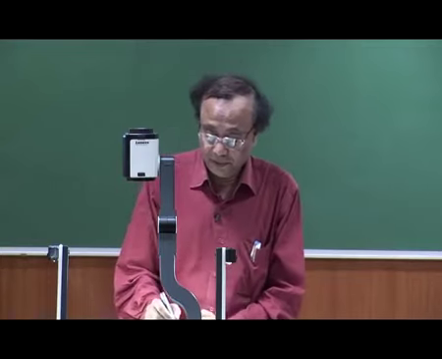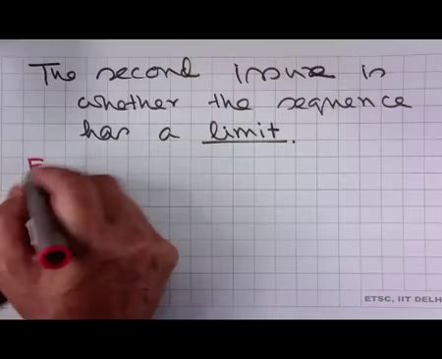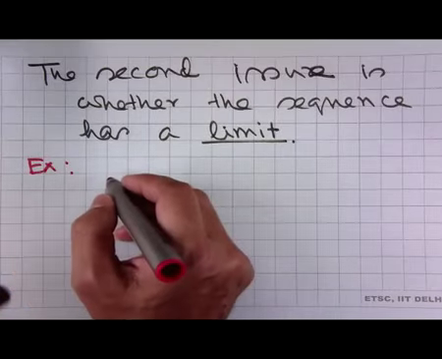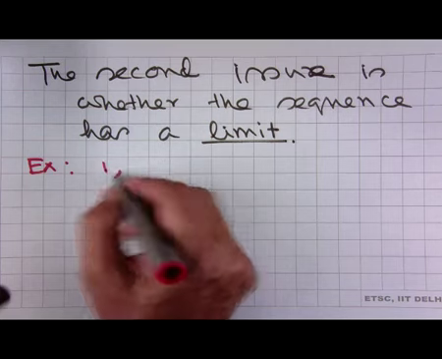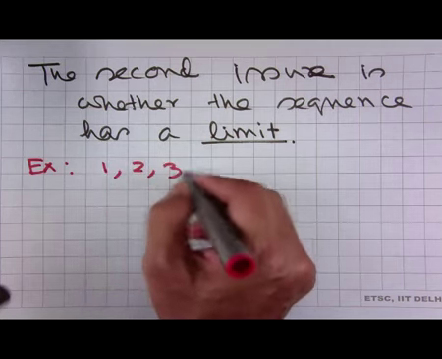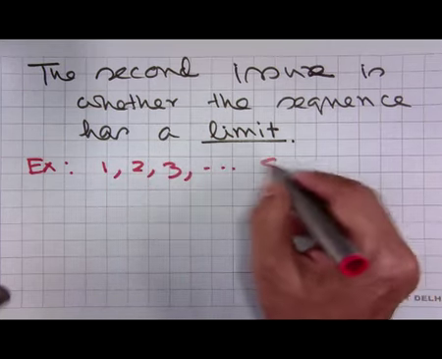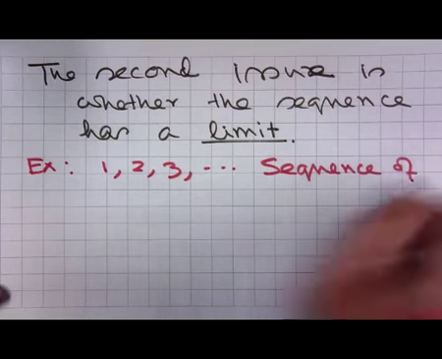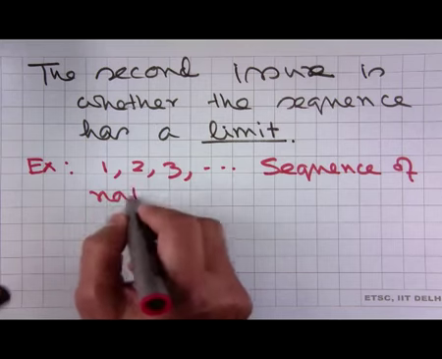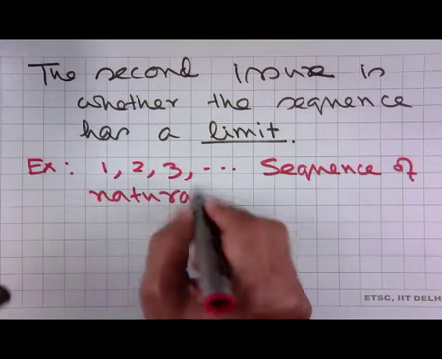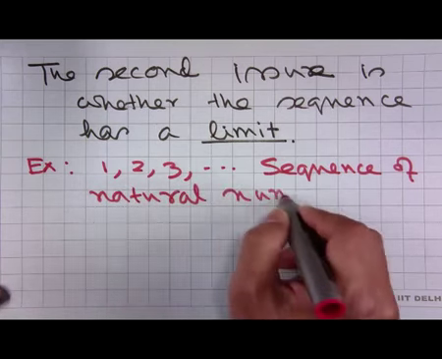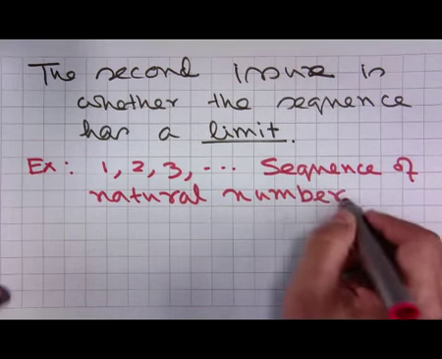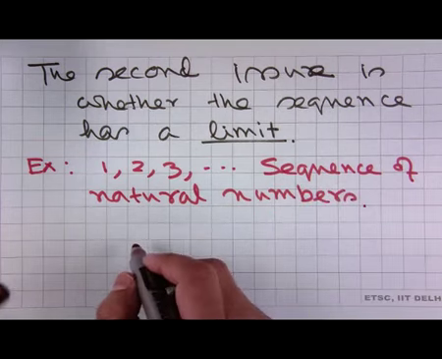Consider, for example, the sequence of natural numbers 1, 2, 3. Does it have a limit?